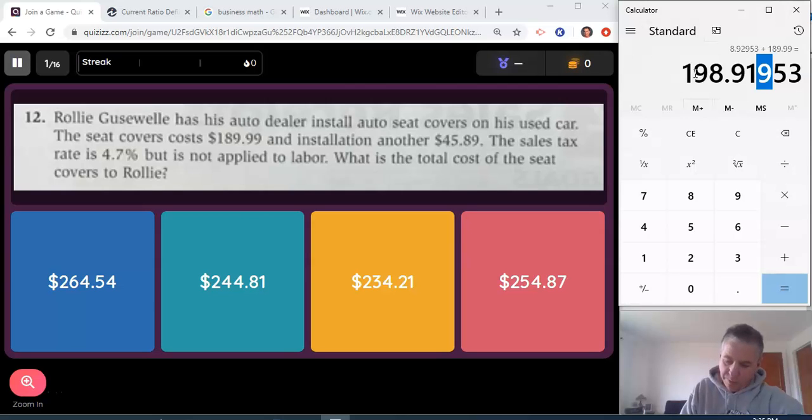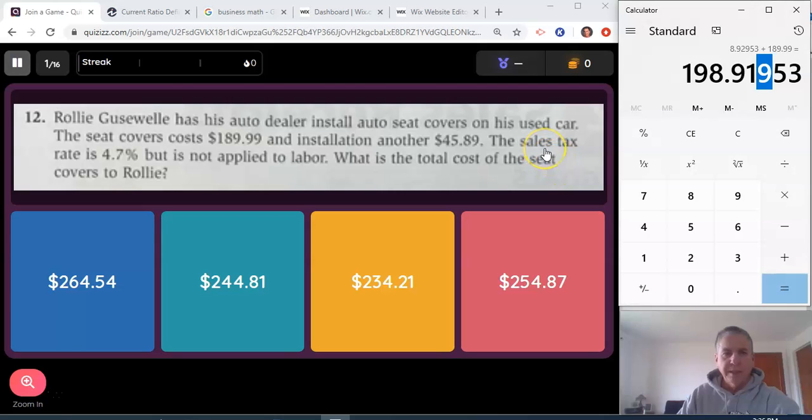So on my paper, so far we have what we'll call a subtotal amount because we haven't added anything for the labor yet. $198.92. I'm going to leave that figure in there, this entire value.